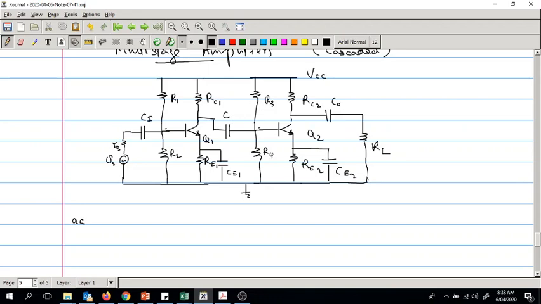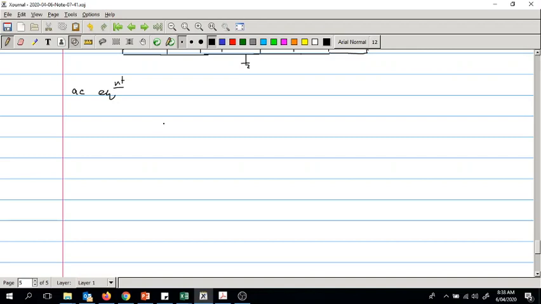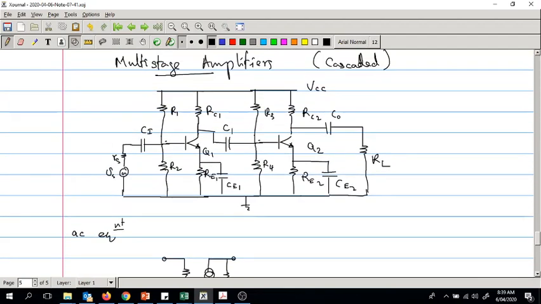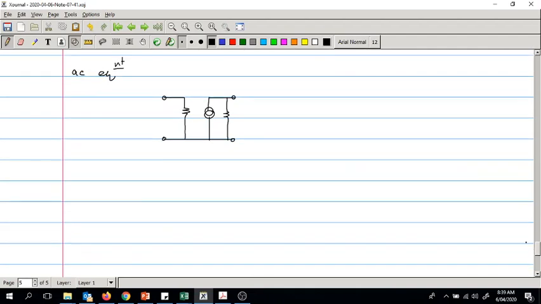So if we draw the AC equivalent for this, let's start using the hybrid pi model, or common emitter model. So that's our transistor.